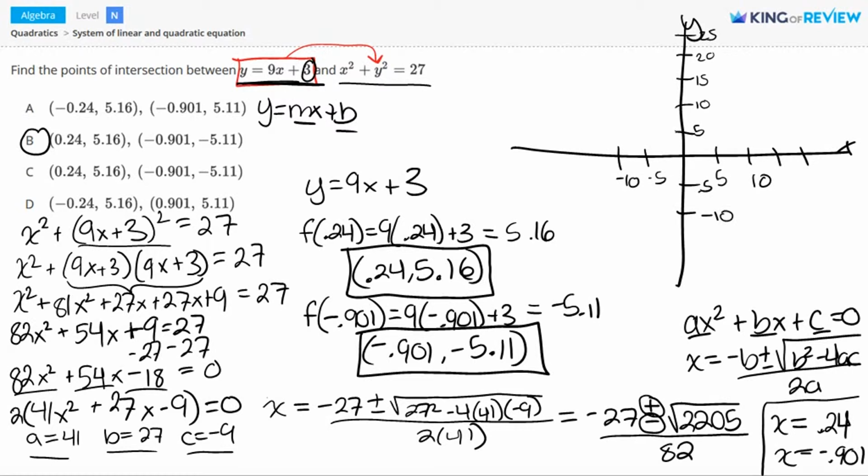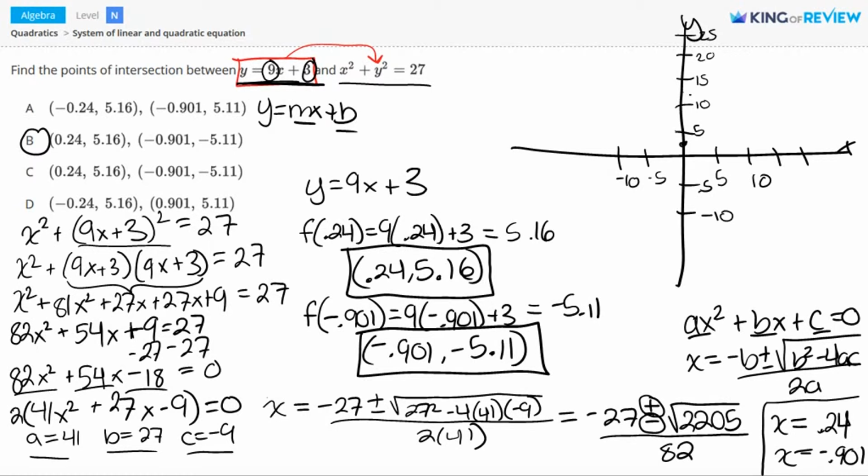This is the y-intercept, so this is where the line crosses over the y-axis. So 3 is about right here. So I'm putting a point right there. And we have a slope of 9. This is the m value. m equals 9. So this means up 9 over 1.